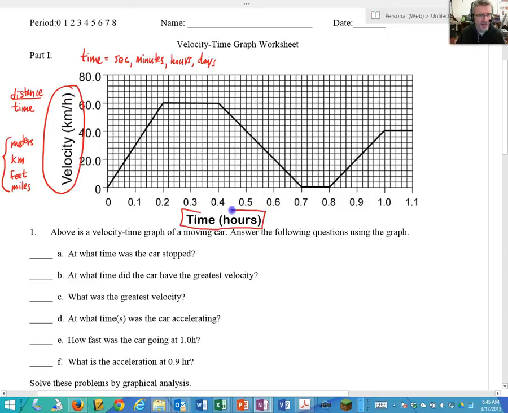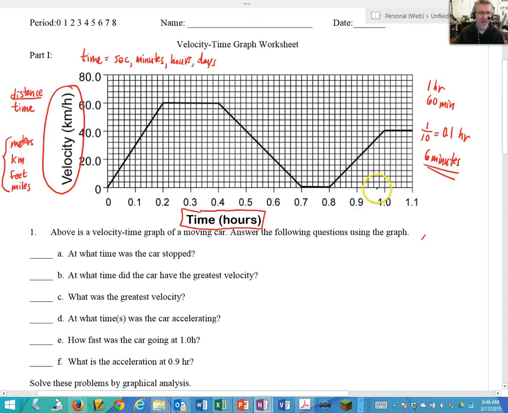And I have to admit, 0.1 hours, that's kind of lame, right? But if you think about 1 hour is 60 minutes, what is 1/10 or 0.1 hour? Well, just divide an hour by 10 and it's 6 minutes.